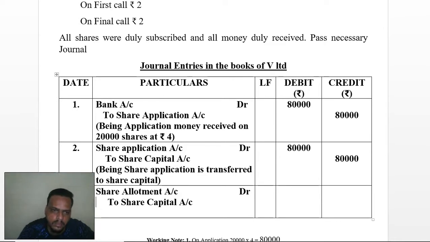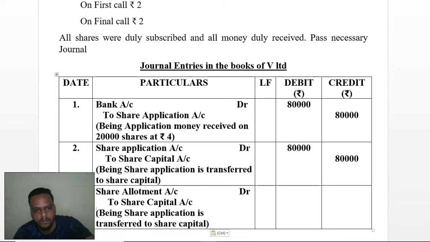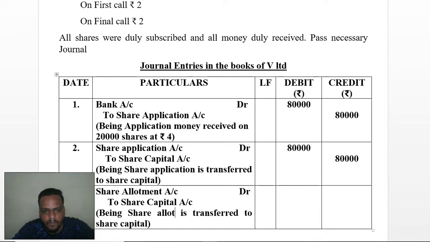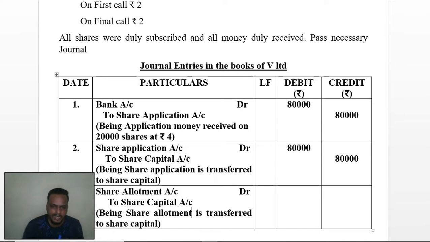In this, the same being has to be mentioned, so I am copying the same thing, just with allotment instead of application. But what amount do you have to write?